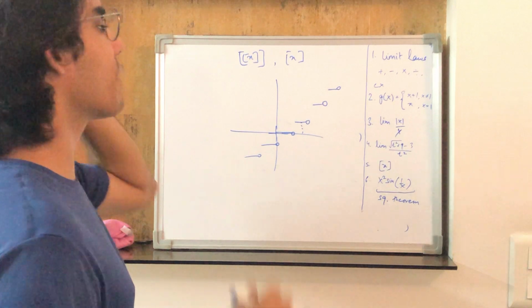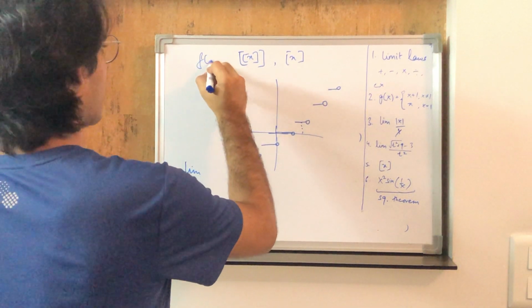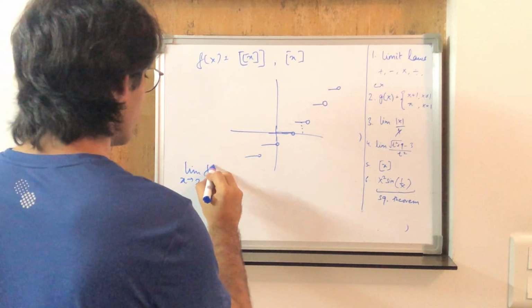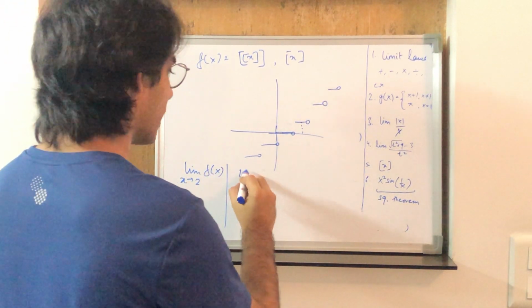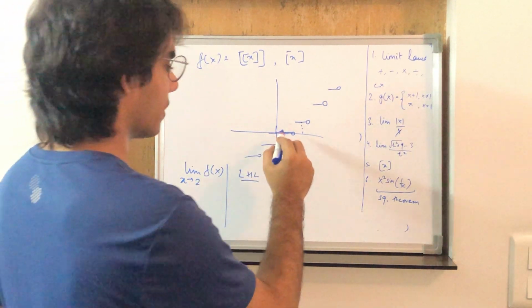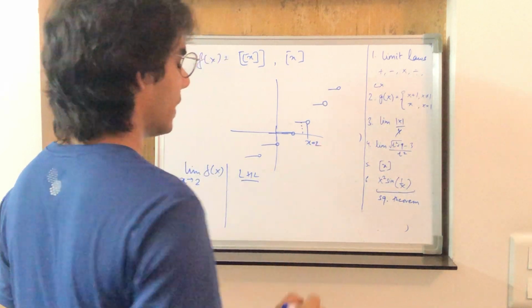Okay, so if I'm asked, what's the limit for this function f of x, when x is approaching 2, right? If I'm asked this question, I'm going to look at the left-hand limit first. So this is 1, this is my x is equal to 2, right?